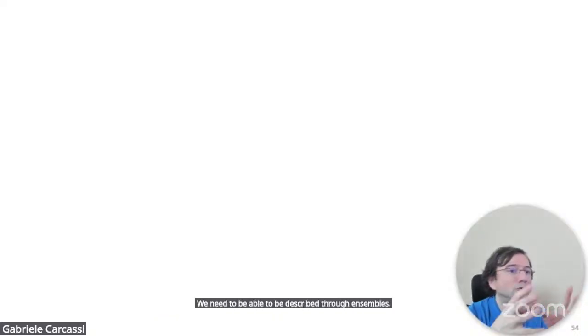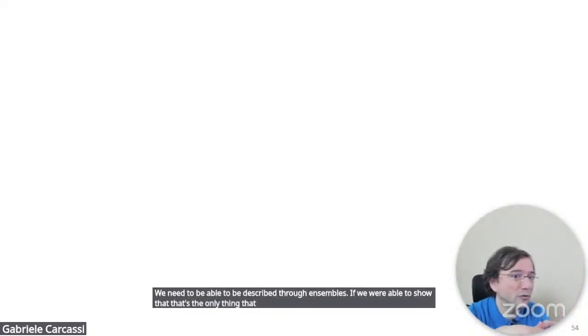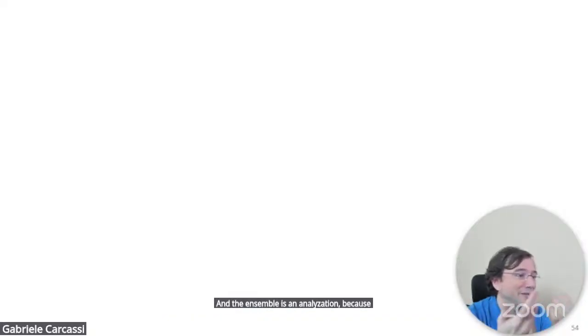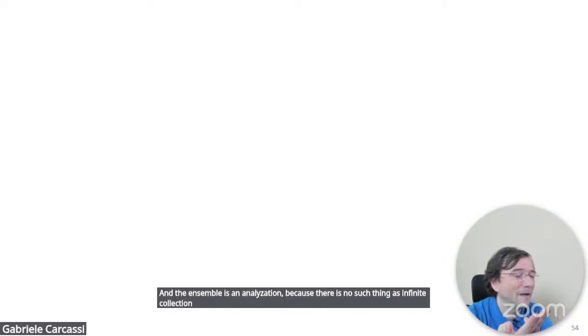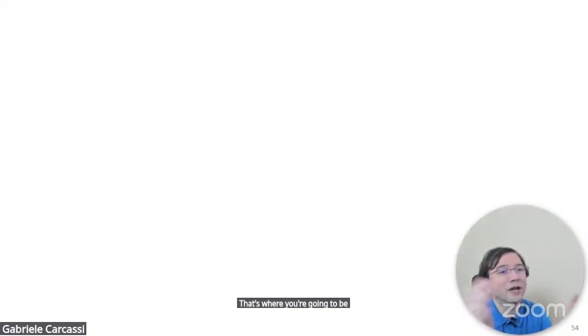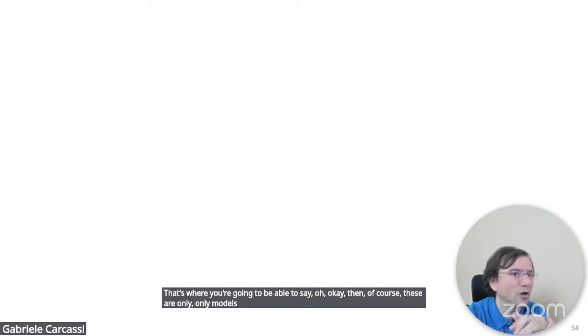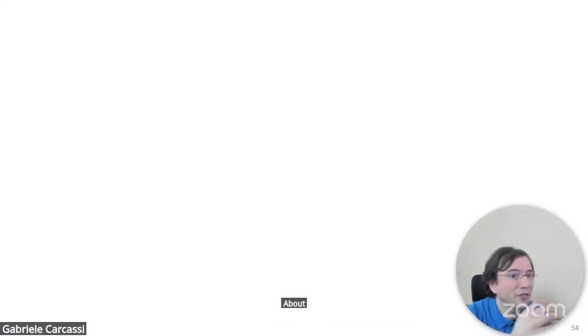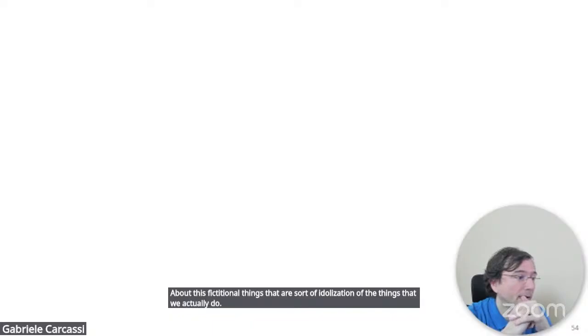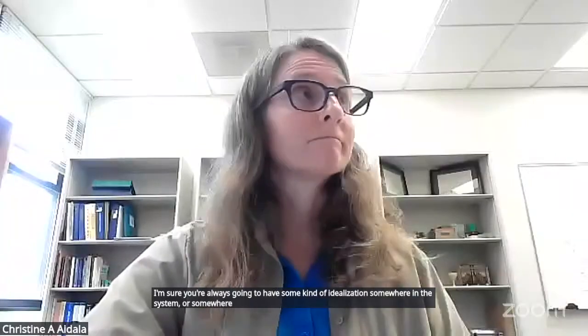If we're able to show that that's the only thing that we can do, and the ensemble is an idealization because there is no such thing as an infinite collection of things, that's where you're going to be able to say, oh, okay, then of course these are only models, and it is only going to be about this fiction of things that are sort of idealizations of the things that we actually do. Sure, you're always going to have some kind of idealization somewhere in the system, or somewhere in your framework. Framework, yeah. Yep.